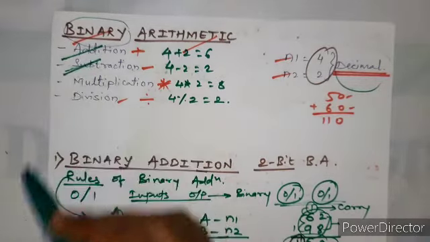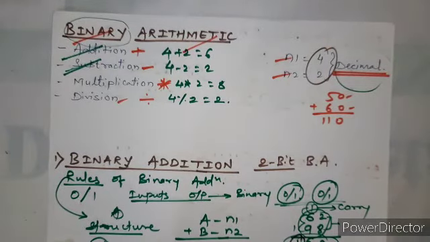So we have subtraction, then in subtraction we have direct and indirect methods. Now the direct method is different, the indirect is different, and again in the indirect method we have complement methods, one's complement method, two's complement method. Okay, so all this about binary subtraction we'll see in the next lecture.